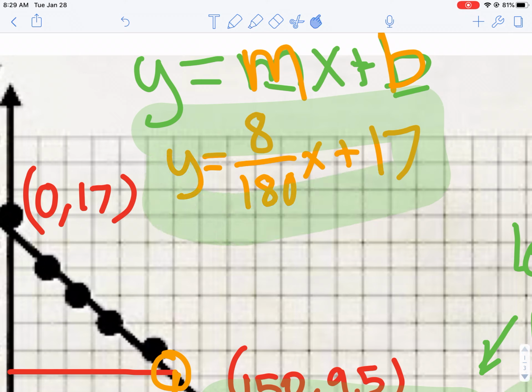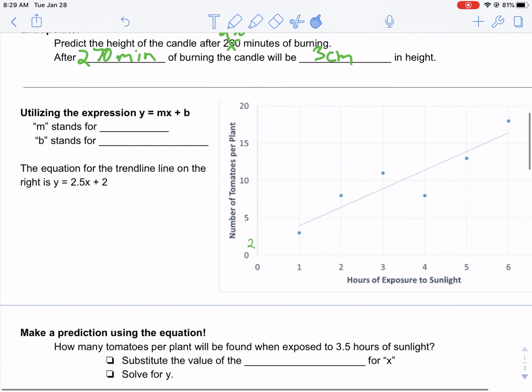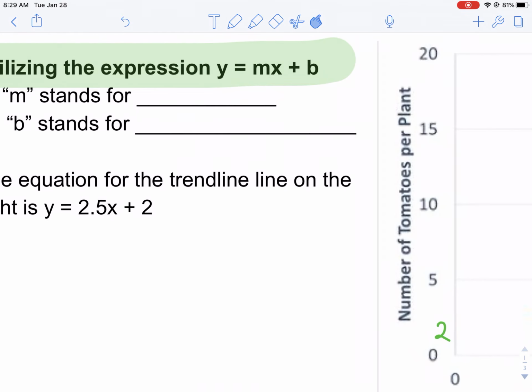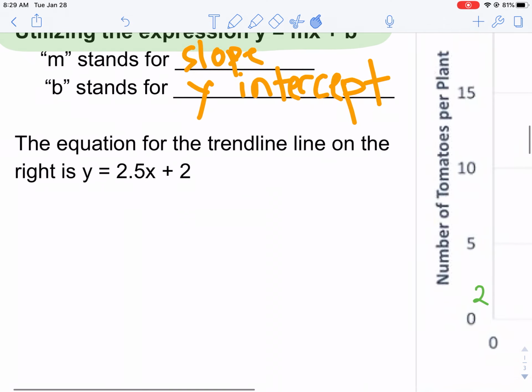You could reduce that slope value, that m value, if you want to be extra cool. So let's utilize the expression y equals mx plus b. m stands for slope. b stands for y-intercept. I've seen it before as growth and starting point. That's fine too, as long as we're all talking about the same thing.